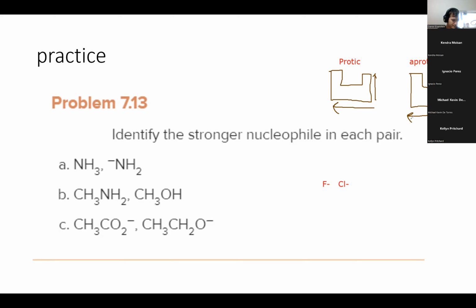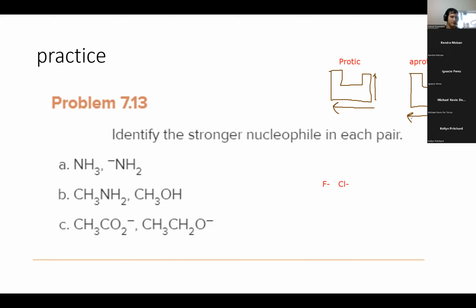Does this clarify things? Look, guys, if you have questions, you gotta ask them now. Correct. And it's only if they don't tell you anything about the solvent.